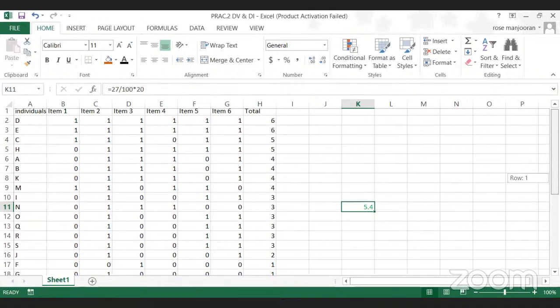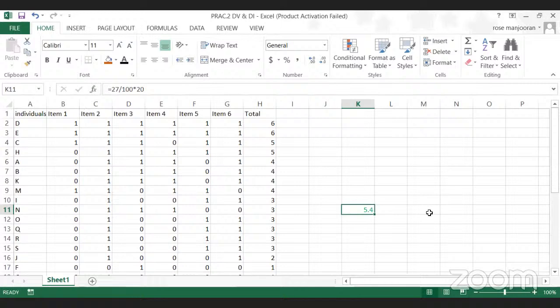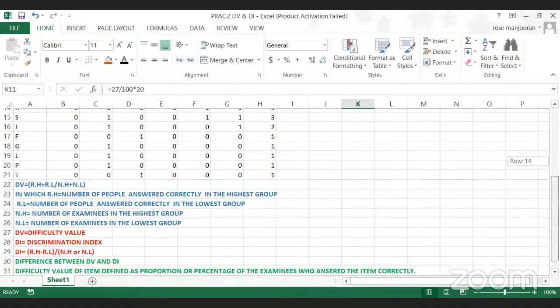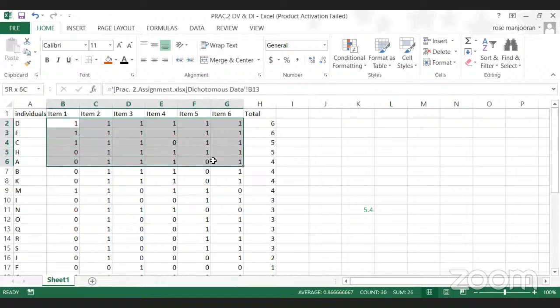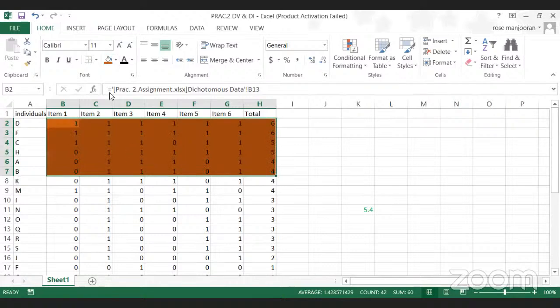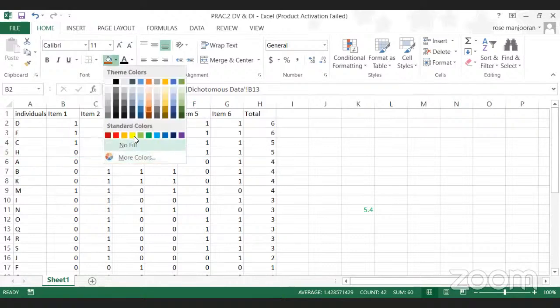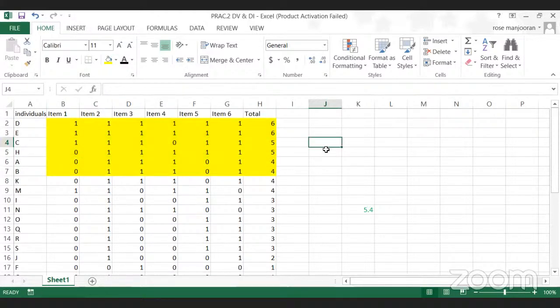Then what we are doing is, I have taken the value of 6. Then we have to select 6 individuals from the upper and 6 from the lower. So I'm going to select 6 of them and color this. So here we can see there are 6.